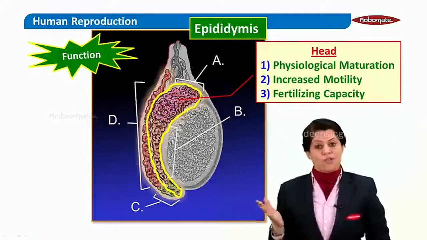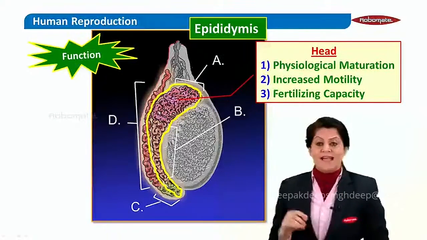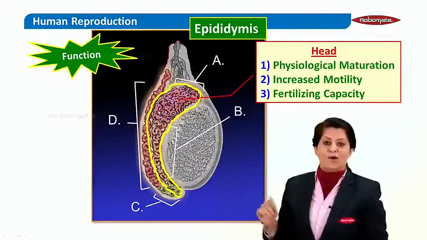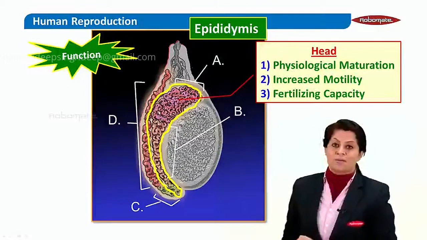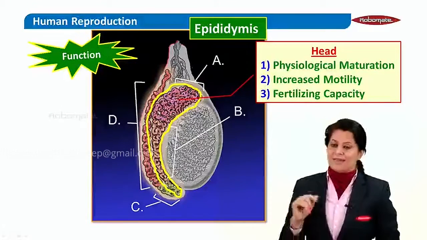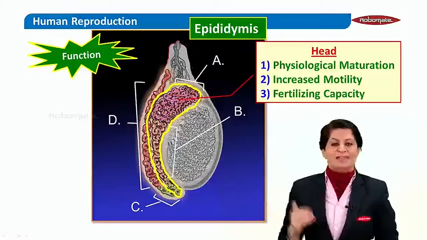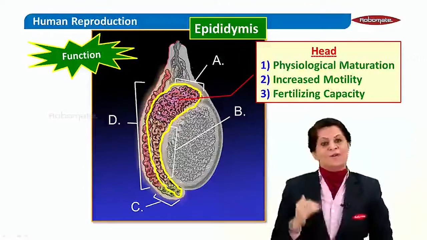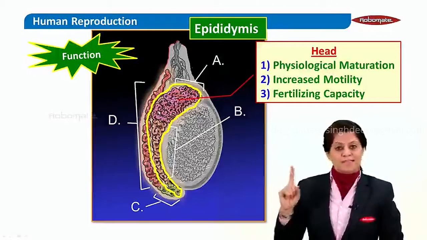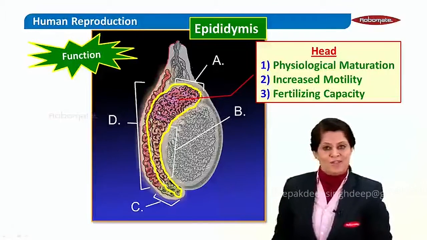So functionally mature means what? That means there is going to be increased motility or mobility of sperms, which is absolutely important for fertilizing the ovum. That's why we say it increases the fertilizing capacity of the sperms. That's the main function of the head region.